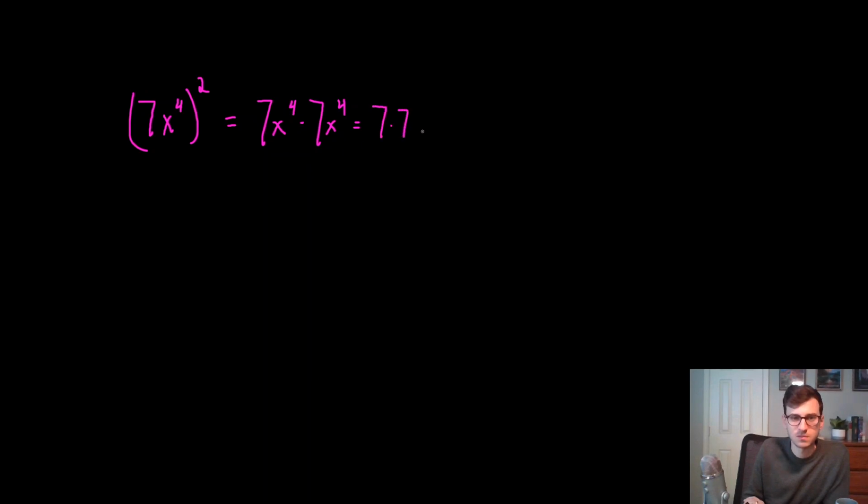Well, remember, this is just 7x to the 4th 2 times. So that would be 7x to the 4th times 7x to the 4th. And with the multiplication rule, I multiply my like terms, 7 times 7, and my other like terms, x to the 4th times x to the 4th. 7 times 7 is 49. X to the 4th times x to the 4th is 4 plus 4, or x to the 8th.